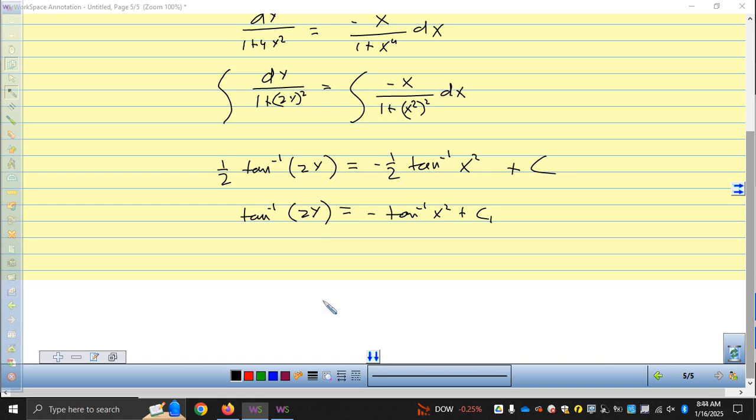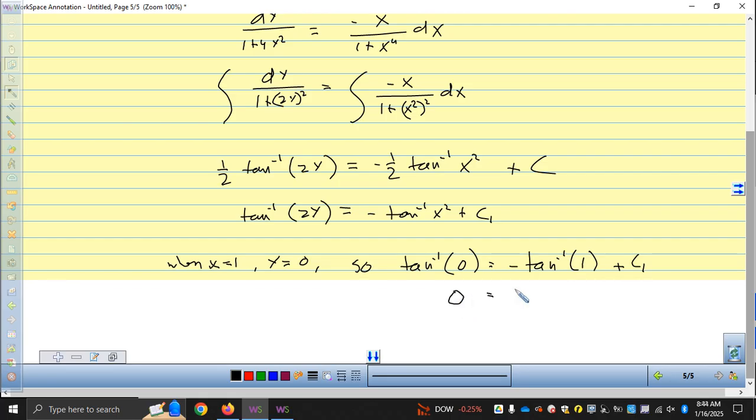Now I'm going to find my constant when x equals 1, y equals 0. So we have the inverse tangent of 0 equals negative inverse tangent of 1 plus that constant. Well, the inverse tangent of 0 is 0.